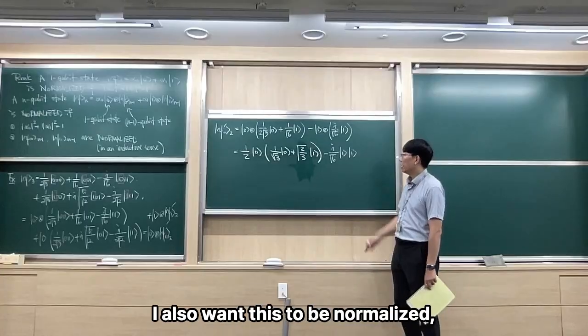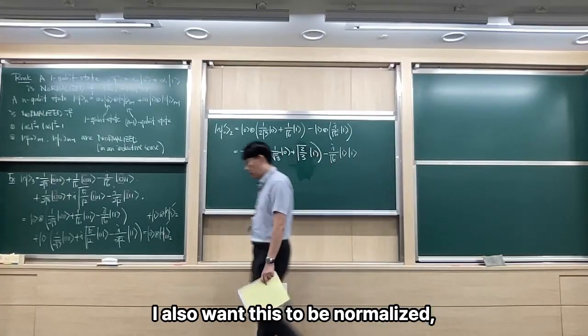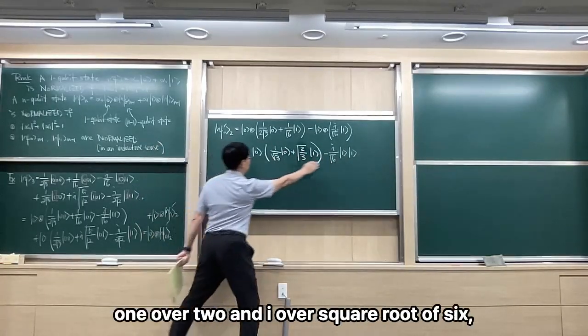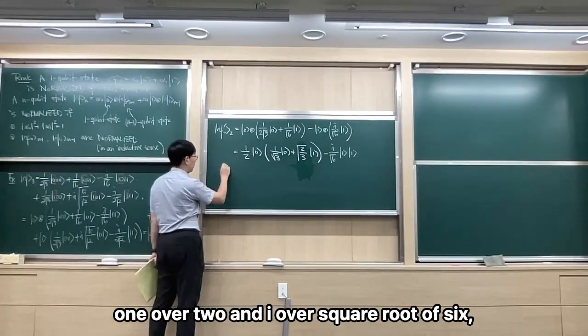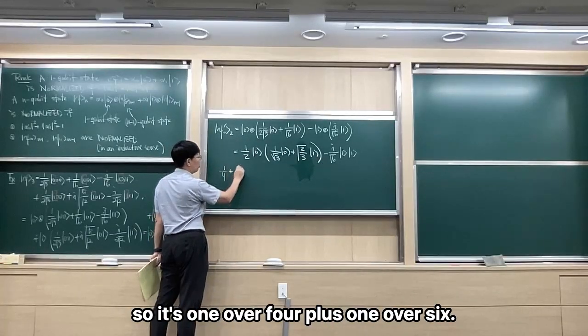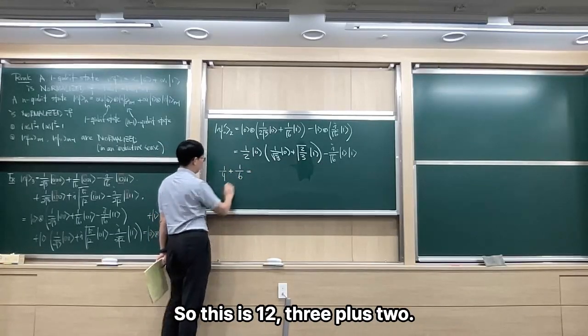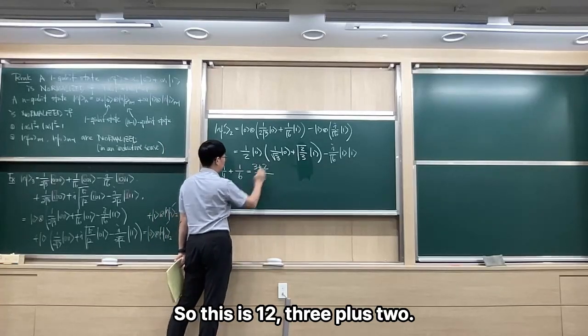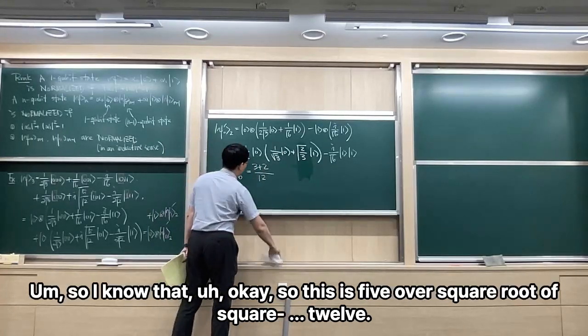So now we have this quantum state. I also want this to be normalized. Let's check the square sum of these two coefficients, 1 over 2 and i over square root of 6. It's 1 over 4 plus 1 over 6, so this is 3 plus 2 over 12.